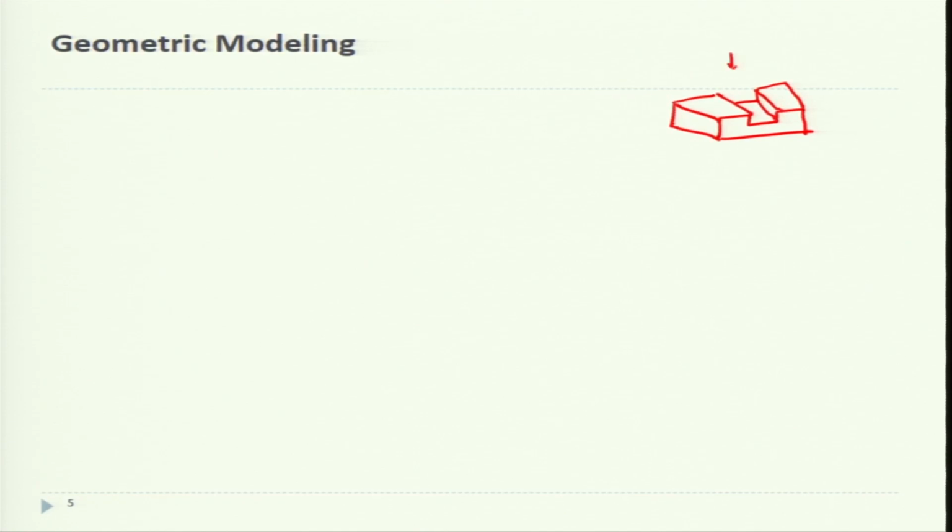Isometric means we have the view from the top, the view from the side and the view from the front, all of them in one view. Isometric, all of them are equally distributed. We can have an orthogonal view of them as well. This is isometric. Let me say orthogonal.